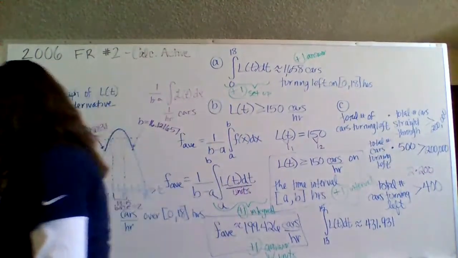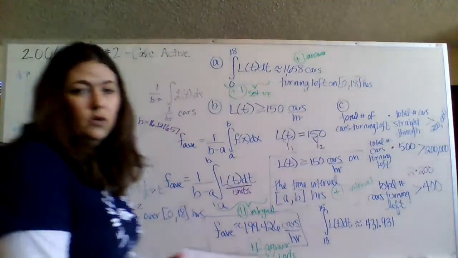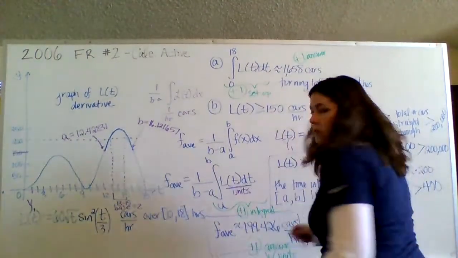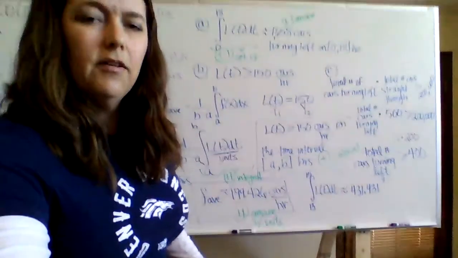Well, that looks like a 2-hour time interval where the cars turning left is greater than 400. So wouldn't that mean that we've proven that we need to have a traffic signal? Now we have to say that to the AP readers. I'm going to tilt this down a little bit because I'm getting towards the bottom of the board.